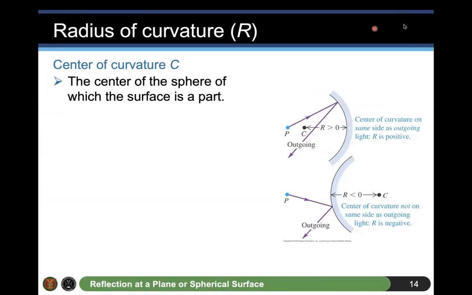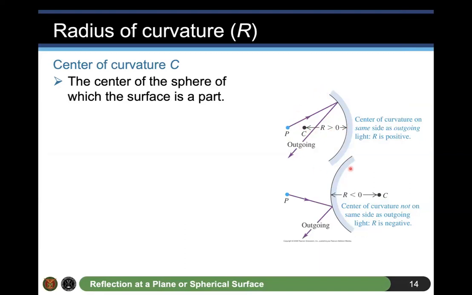Now, let's deal with spherical surfaces naman. Okay, so kanina plane surfaces. Now, let's deal with spherical surfaces. So kung spherical surface yan, meron niyang center of curvature and radius of curvature. Okay, the center of curvature C is the center of the sphere for which the surface is a part of. Okay, so kung ganito yung spherical surface, right, yung C will be, drawing lang natin yung center.